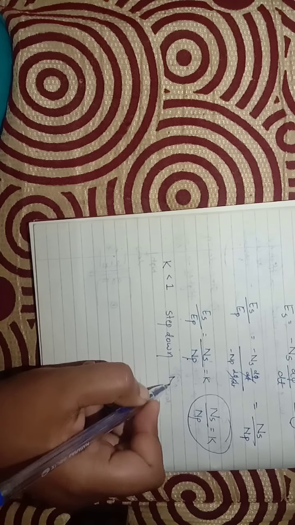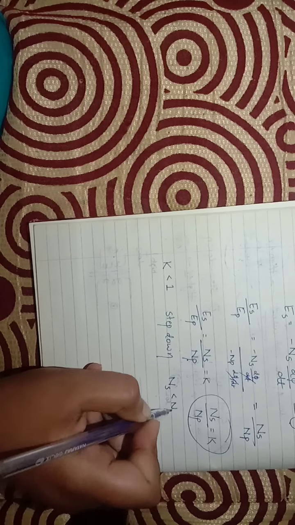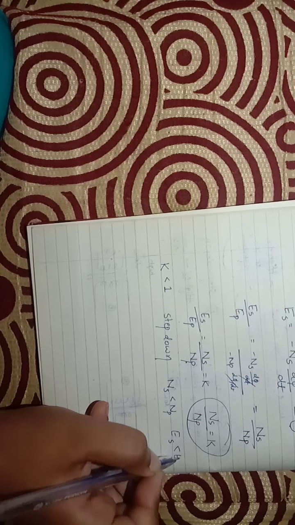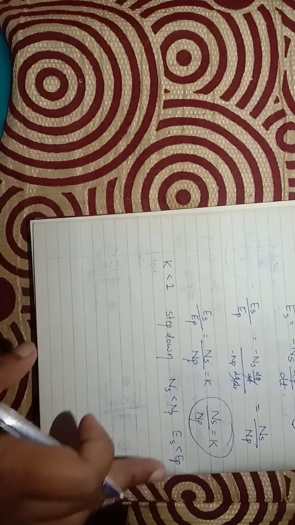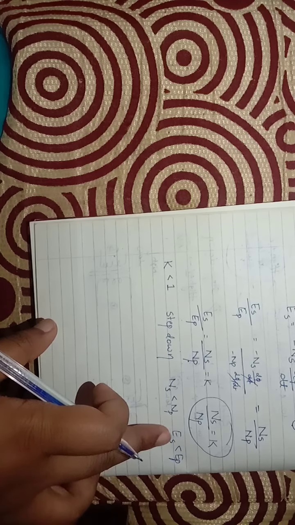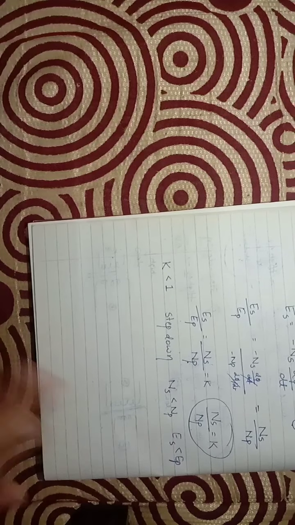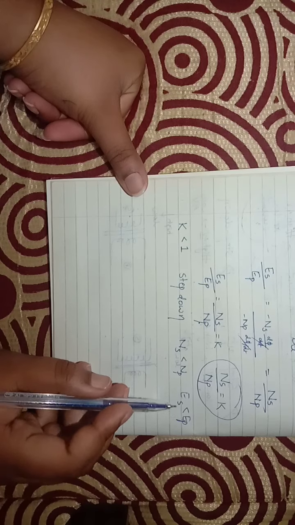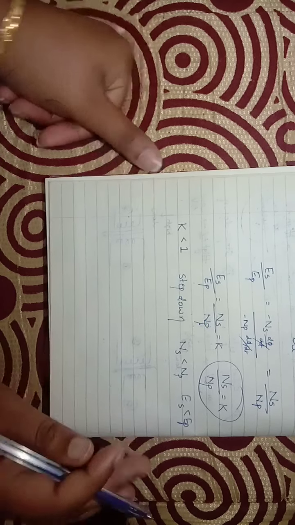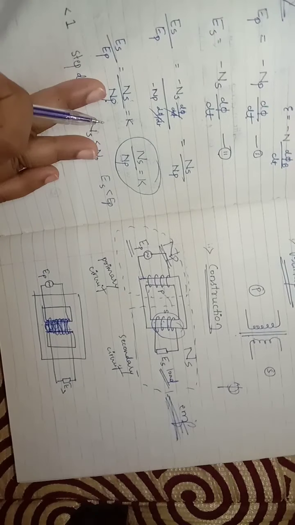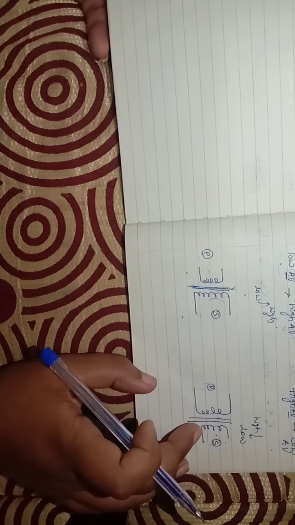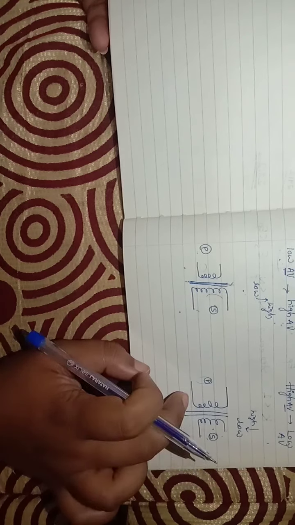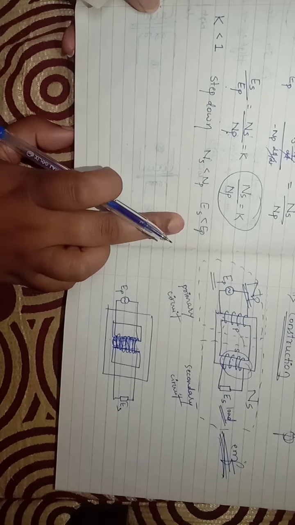That means NS is less than NP, or ES is less than EP. That means the output alternating voltage is less than the input alternating voltage. See here in this diagram of the step down transformer, output is less than input, ES is less than EP.